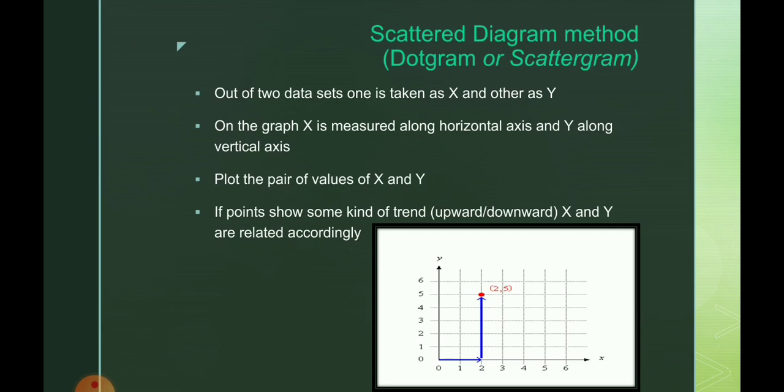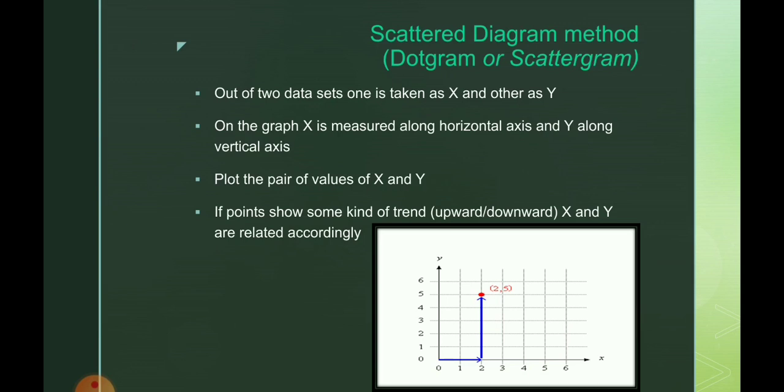As I have already given you the basic feel of the concept, we will have two data sets, two things between which we have to find the relationship, whether they are closely related to each other, whether they are not related, whether they have a weak relationship. So this type of thing we are going to study.